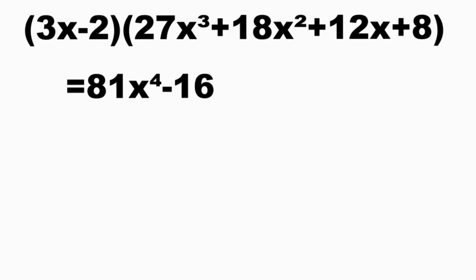So for higher even power, for the power of 6, we have quantity a minus b times a to the fifth plus a to the fourth b plus a cubed b squared plus a squared b cubed plus a b to the fourth plus b to the fifth.